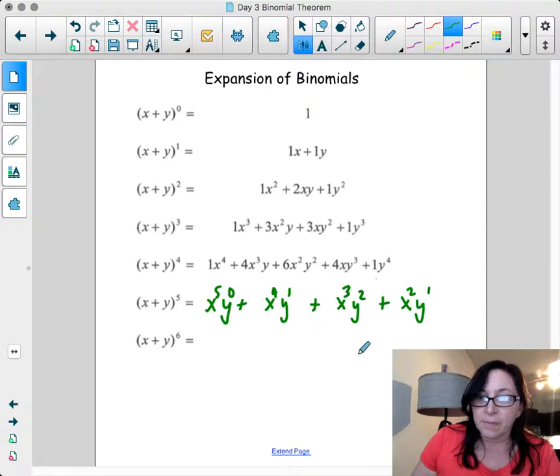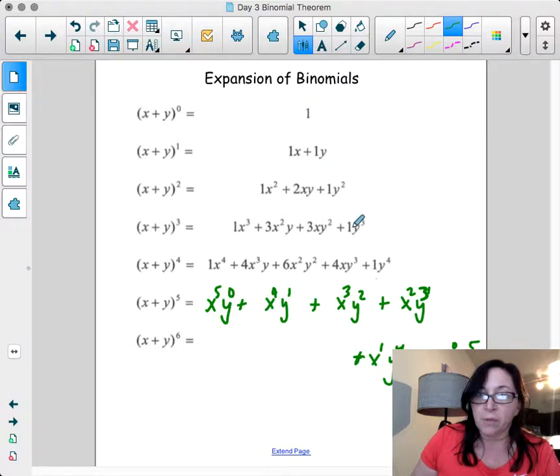The next term will be x to the 3, 2, 1, and y to the 0, 1, 2, 3, 4. And then the next term would have no x, but a y to the 5th. So if you notice, each one of these has to add up to 5.